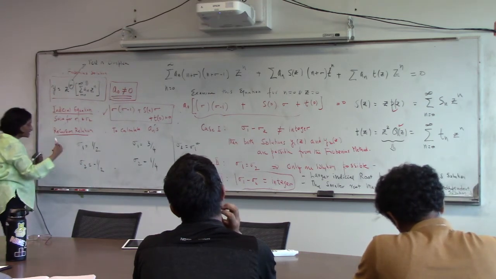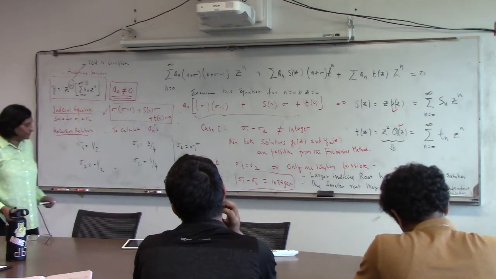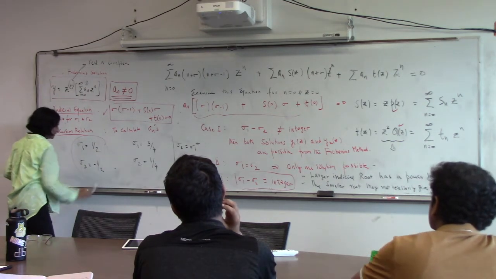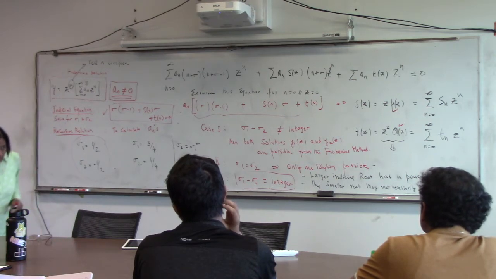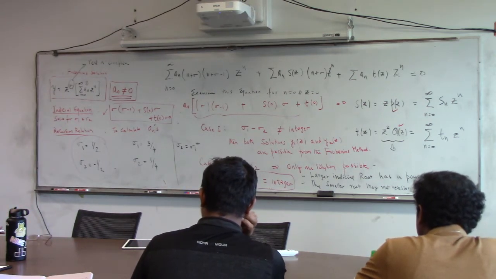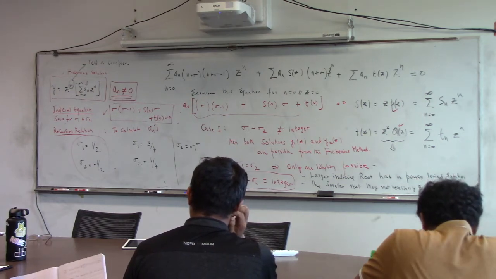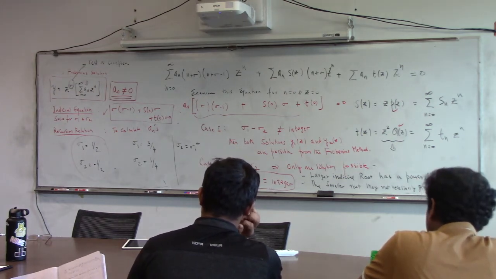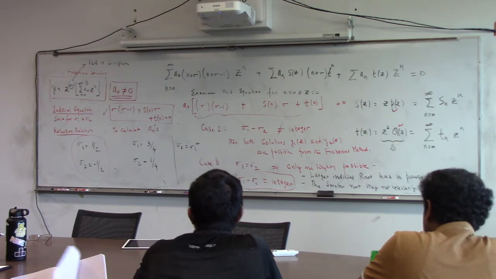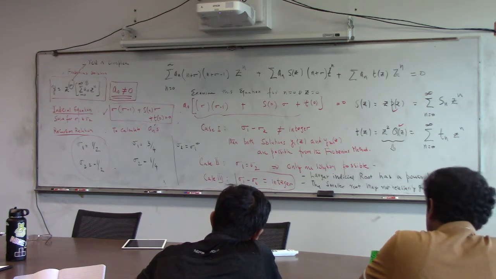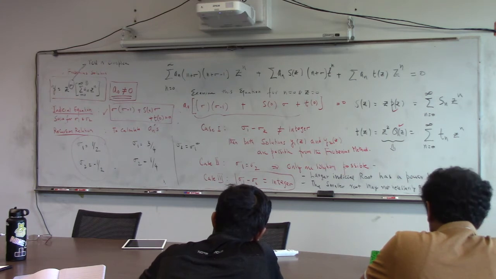So in this case, do we have both solutions from our series method? For the first case, no. And which one will you take to find the solution?